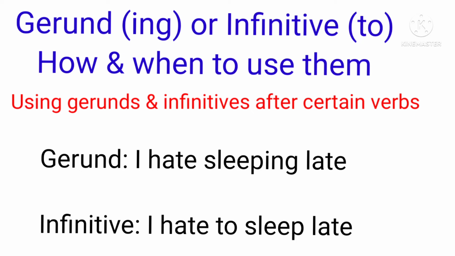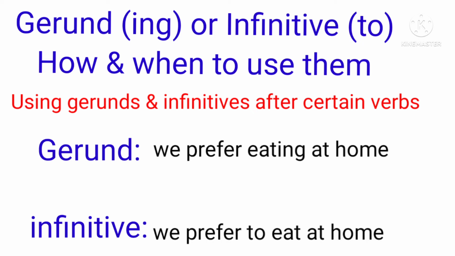Also with the infinitive, I say I hate to sleep late. It is possible to use hate with the infinitive, and also possible to use it with the gerund. Both sentences are correct.